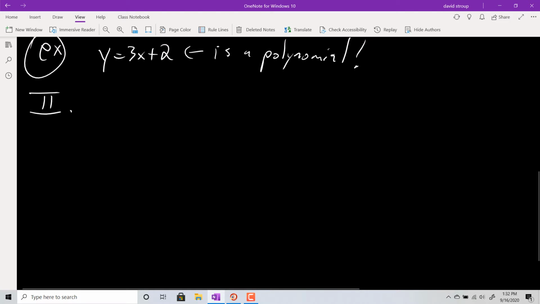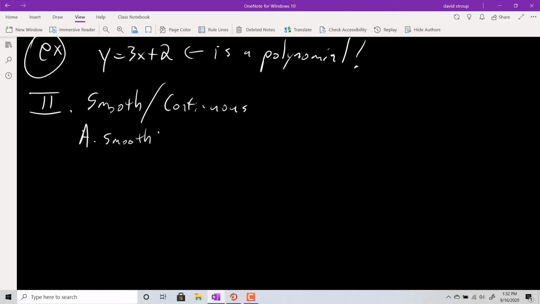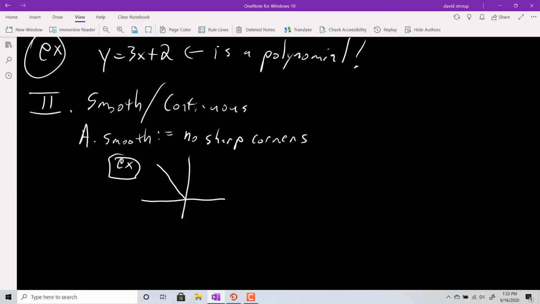Speaking of stuff that's new, maybe: smooth and continuous, but this is easy to wrap your brain around. Smooth just means there are no sharp corners. Something that's not smooth would be the absolute value function that we've seen, y equals absolute value of x.